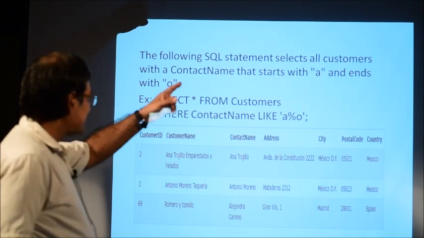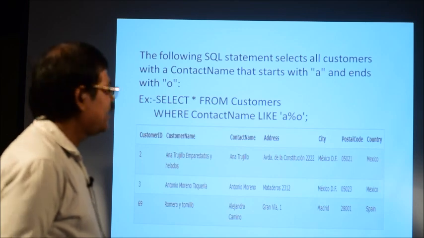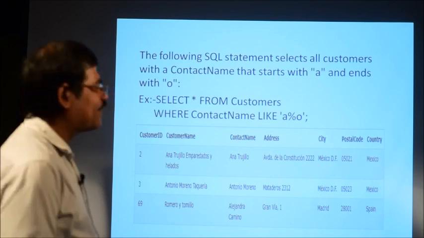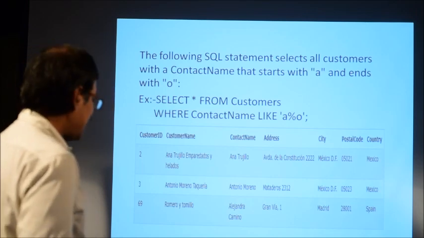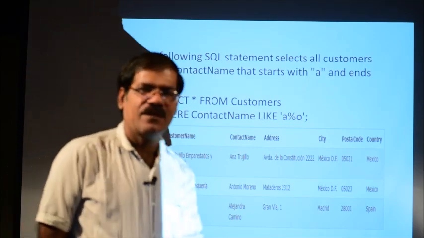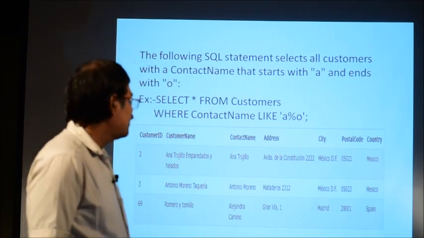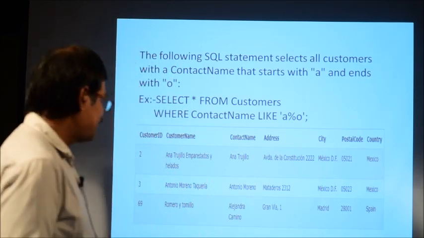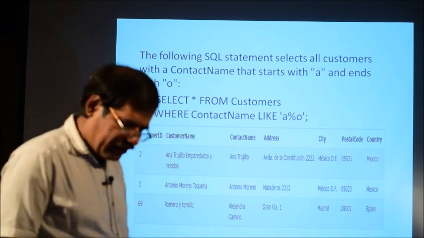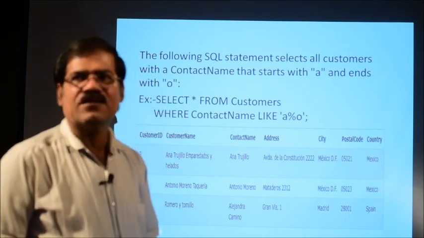The top one is the English statement, you write it in SQL format. SQL statements are also English-like statements. You write select star from table name. Select all from which table? The customer table, because customer contact is required.